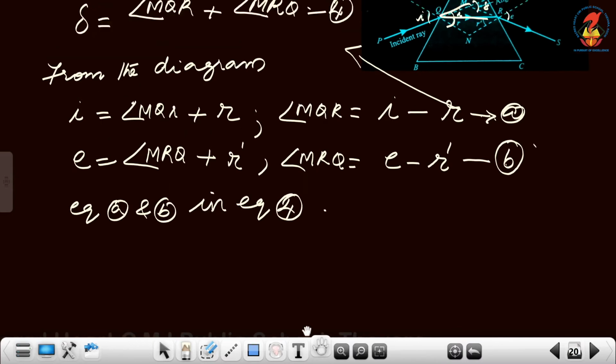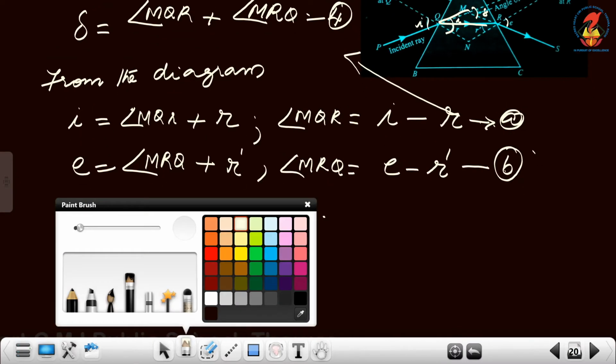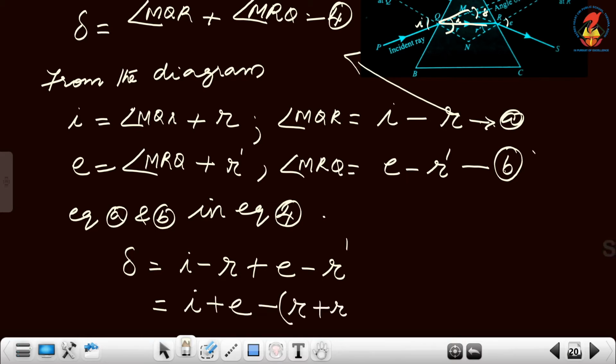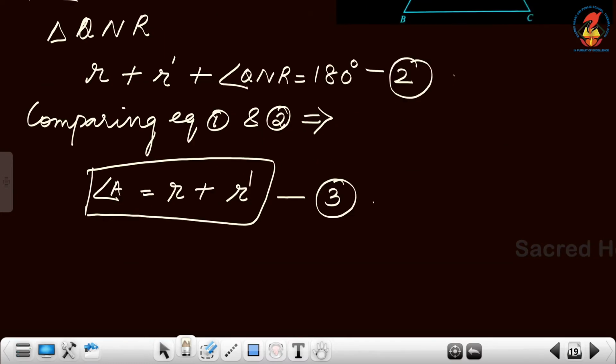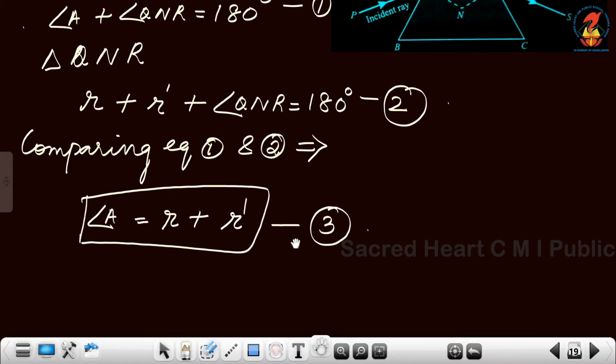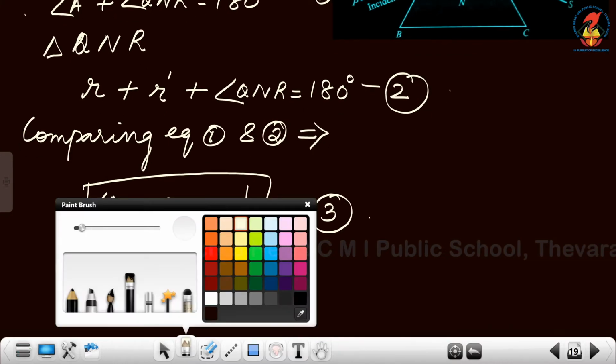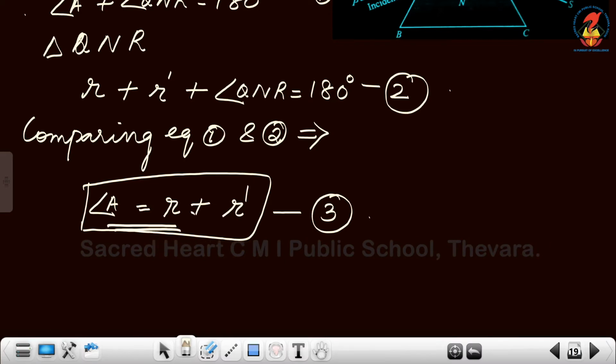We can write delta is equal to I minus R plus E minus R dash. On rearranging we can write I plus E minus R plus R dash. But according to equation 3, what is R plus R dash? R plus R dash is the angle of the prism A.